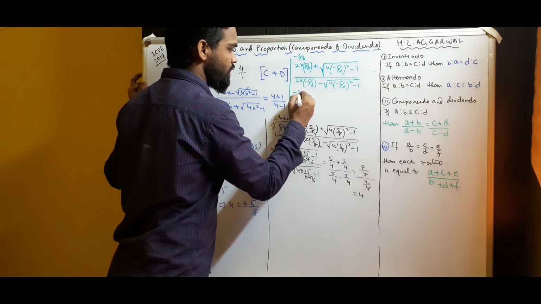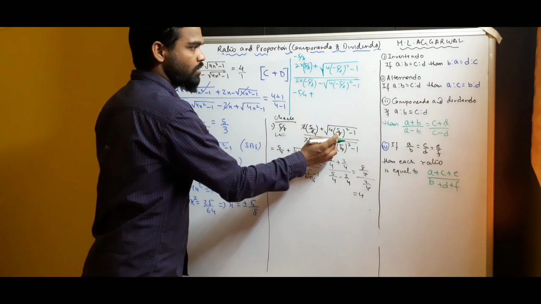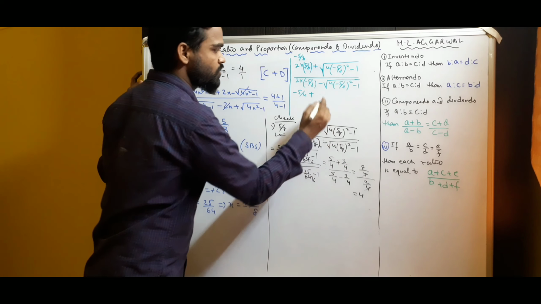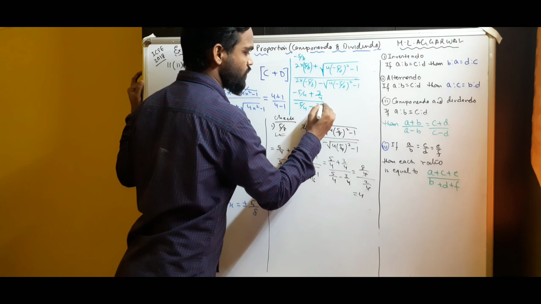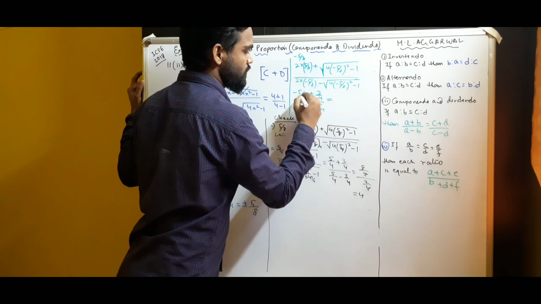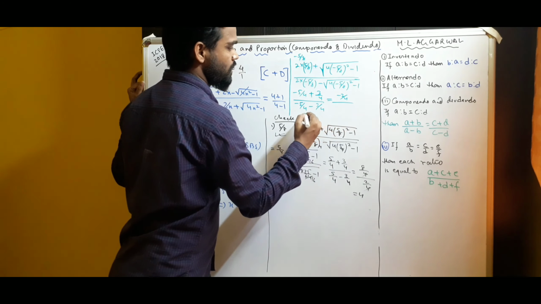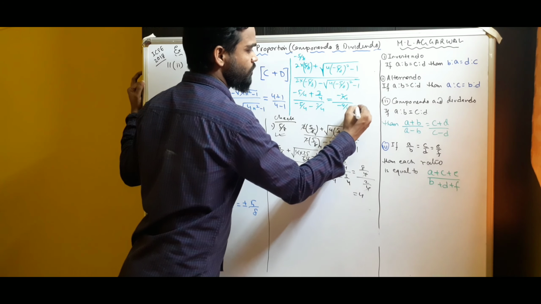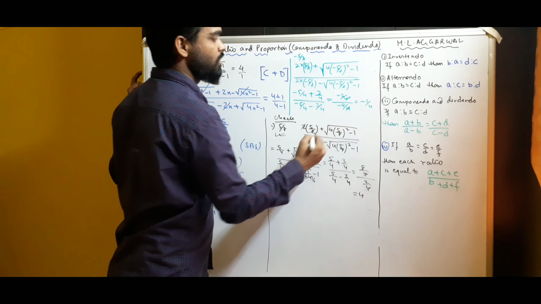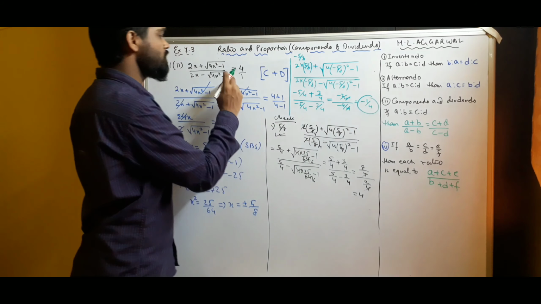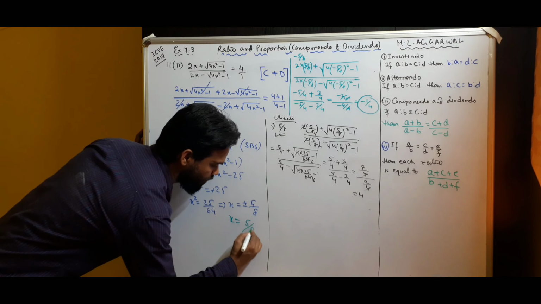Now this becomes minus 5 by 4 plus, this we have solved and this is a square, so it doesn't change much. This becomes 3 by 4. This is minus 5 by 4 minus 3 by 4. So this is minus 2 by 4 and this is minus 8 by 4, which is equal to minus 1 by 4 when you solve it, which does not satisfy our given relation, which means your answer will be x equals 5 by 8.